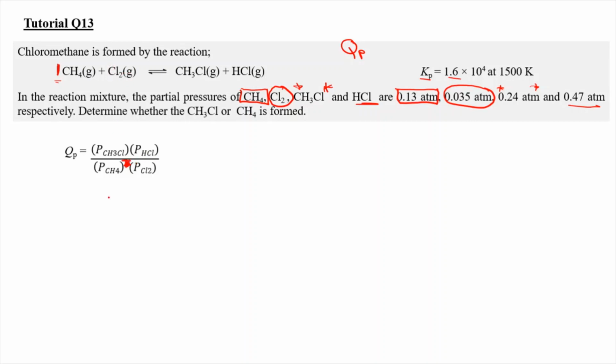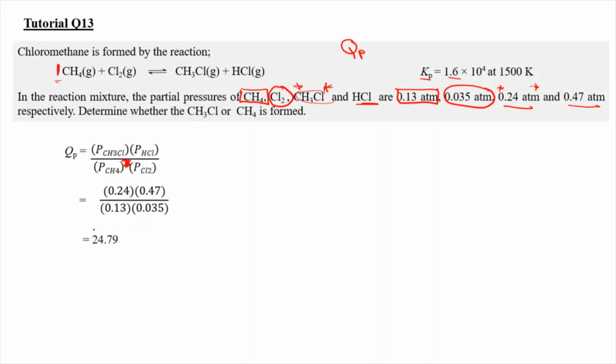Alright, so from here we need to substitute into our equation. Okay, so make sure you substitute it correctly. So CH3Cl is 0.24, which is in the star form. Okay, and then HCl is underlined, which is 0.47, and then your CH4 is 0.13, and then your Cl2 is 0.035.